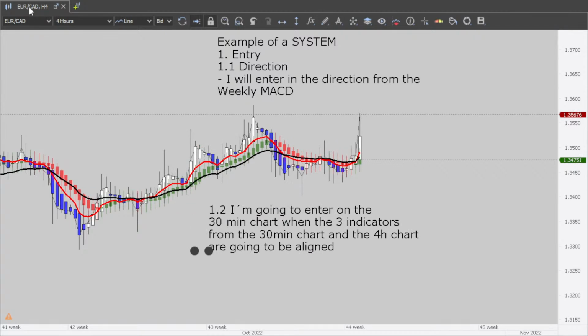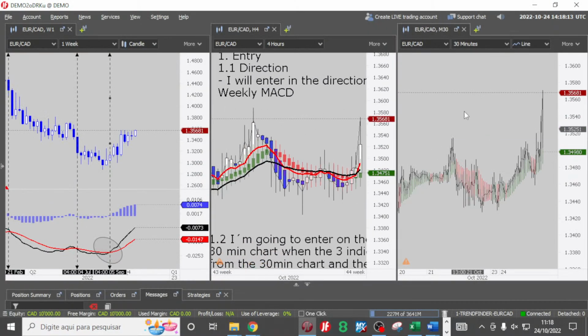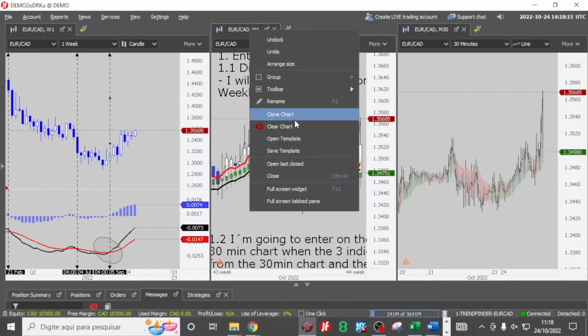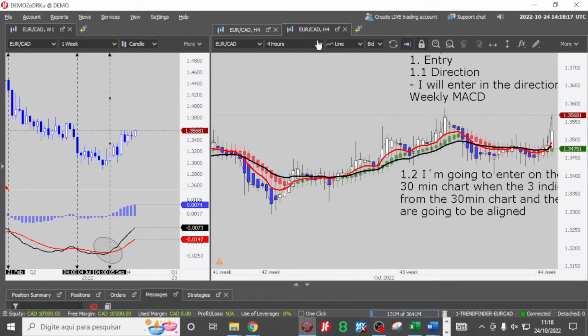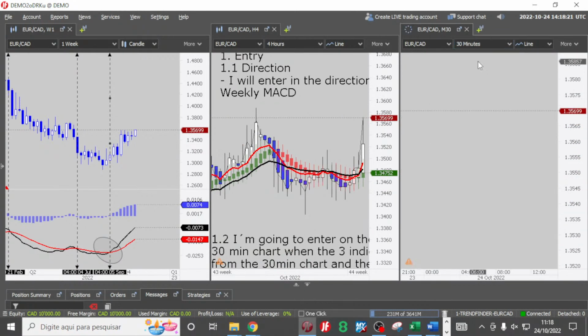Everybody, just an example again, example of indicators. So we are going to clone this chart. This is out, and there you go. Here we go on the 30-minute chart.